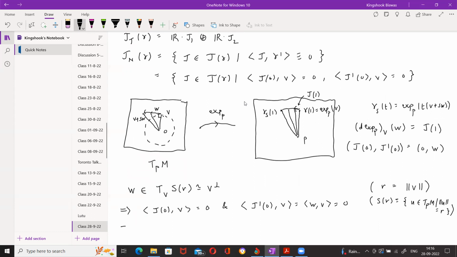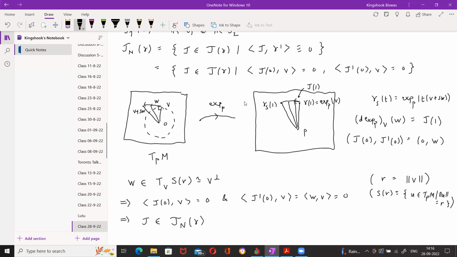So if J(0) and J'(0) are perpendicular to V, that means J will be a normal Jacobi field, right? So that means this J(1) will be perpendicular to this gamma prime 1 here, right? Okay. So this means that J belongs to the space of normal Jacobi fields.